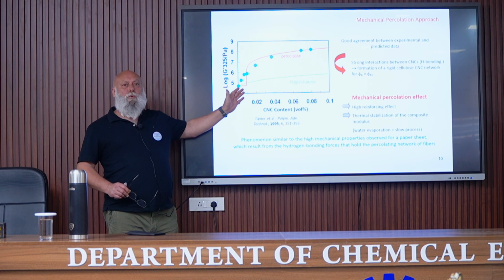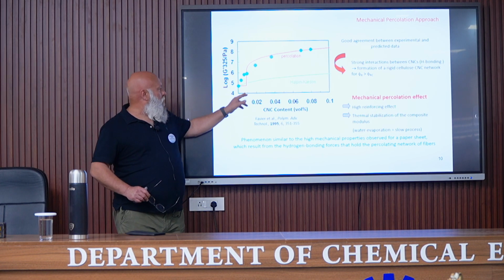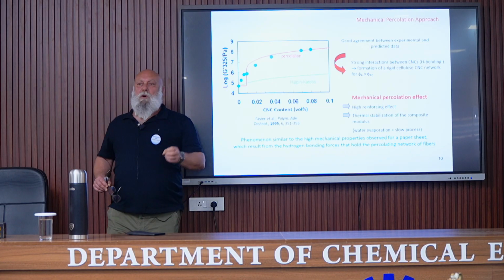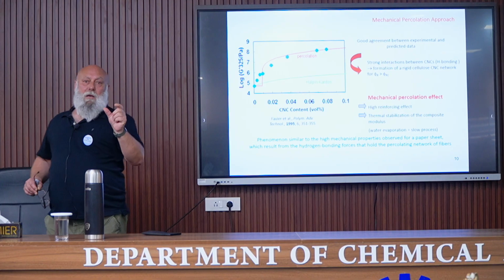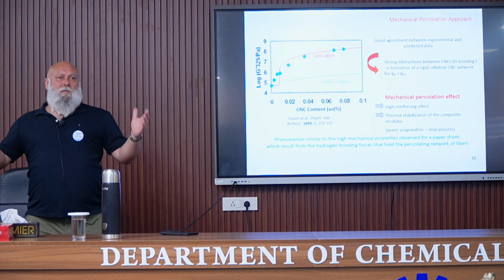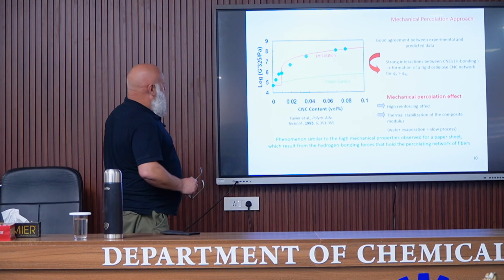You can see that there is a good agreement, except around the percolation threshold, but this is normal because in the model we consider a single aspect ratio, and experimentally we have a distribution of aspect ratio.